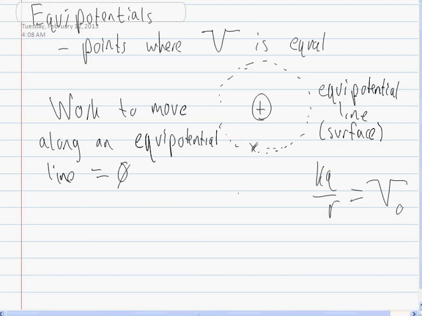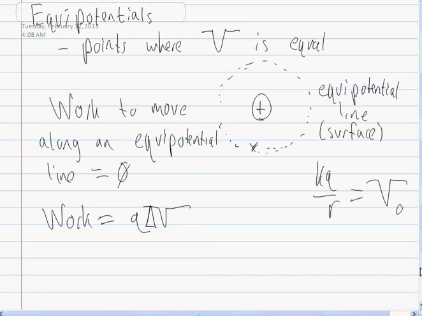The field from the charge will do the work for me. If I move closer, I'll have to do work to get my test charge there. And the work that I do is equal to qV. Well, delta V, I should say. If I have no change in potential, then I don't have to do any work.